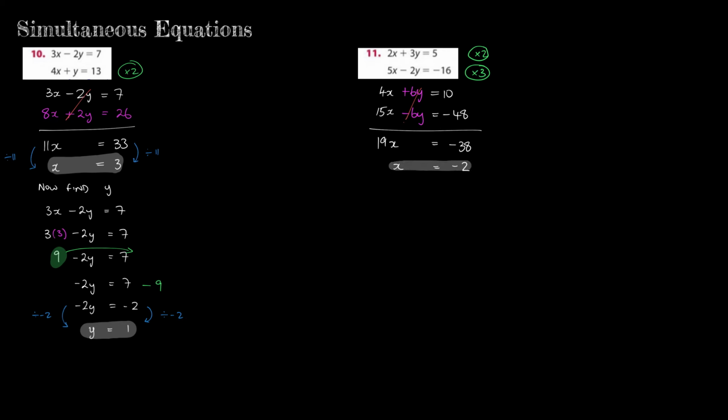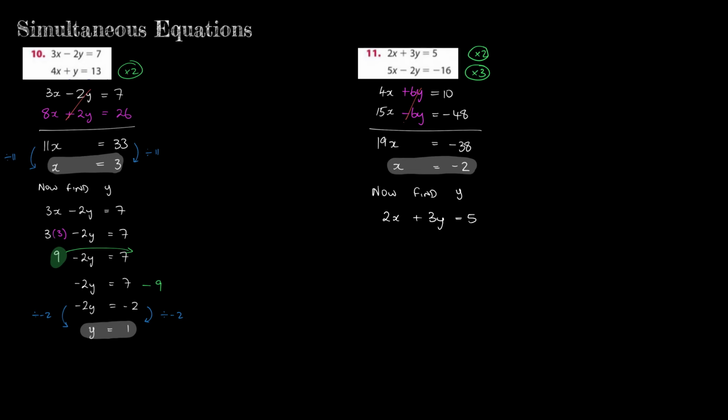That's my first value found. Now I need to find y. To find y, all I need to do is take the first equation, which is 2x plus 3y equals 5.